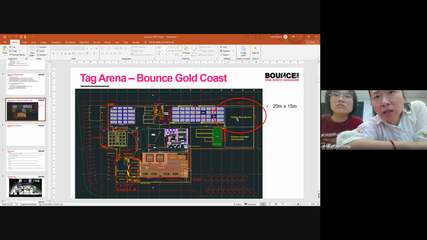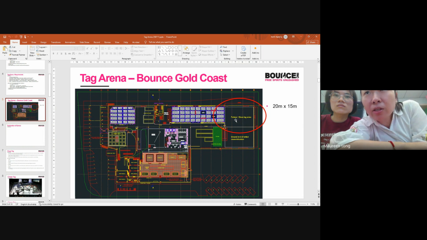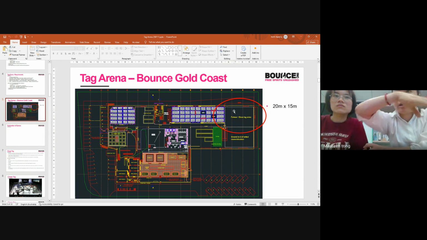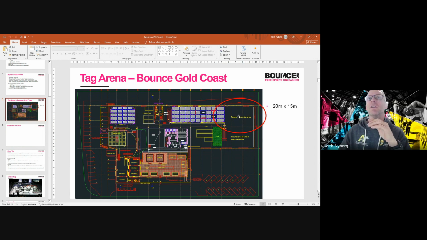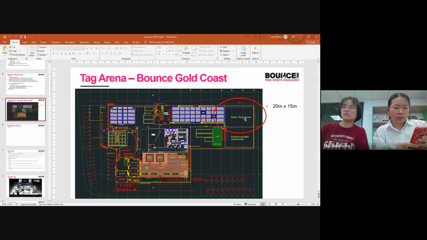The parkour area, the tag arena, the elevation is possibly like 4.7 meters, because the building is like this way. Yeah. So this area we assume is on the ground floor, and then above that you can have the netting.